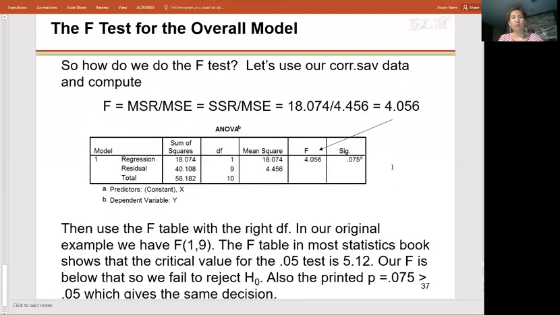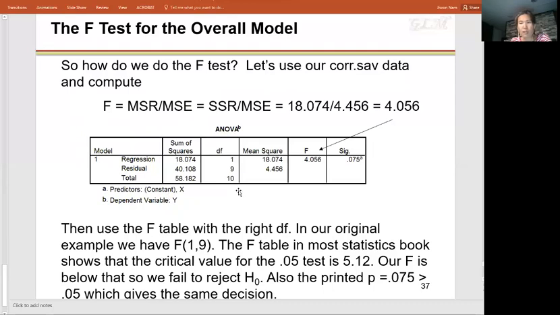Now we have the SPSS output. The ANOVA table is for the overall omnibus test. So regression, residual, and total, with sum of square regression, sum of square error, and sum of square total. DF is 1 for regression, 9 for residual, and 10 for total.